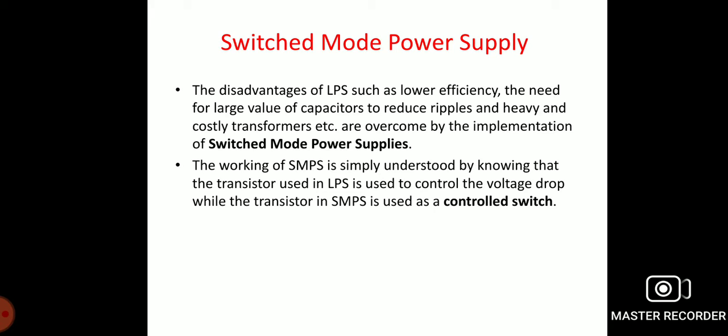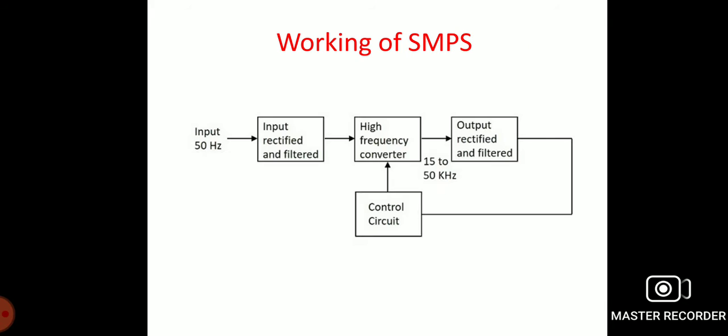Now, how does it work? This is the working principle of the circuit diagram of SMPS. The first stage is the input stage. The AC input supply, 50 Hz, is given directly to the rectifier and filter circuit combination without using any transformer.